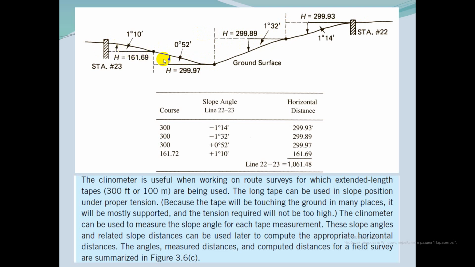It will be mostly supported and the tension required will not be too high. A clinometer can be used to measure the slope angle for each tape measurement. The slope angle and of course distance can be used later to compute the appropriate horizontal distance.